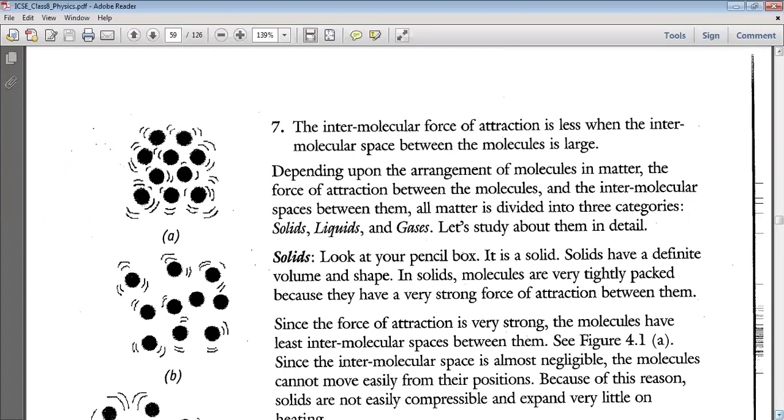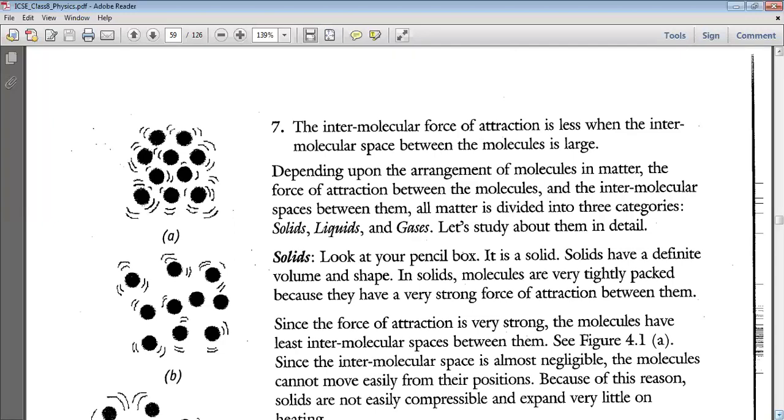This means that greater the distance between the molecules, lesser is the force of attraction between them, and the less the intermolecular space, more is the intermolecular force of attraction, which is very clear. So if the atoms are closely spaced, they attract each other with a lot of force. If they are widely spaced, they do not attract each other with so much force.